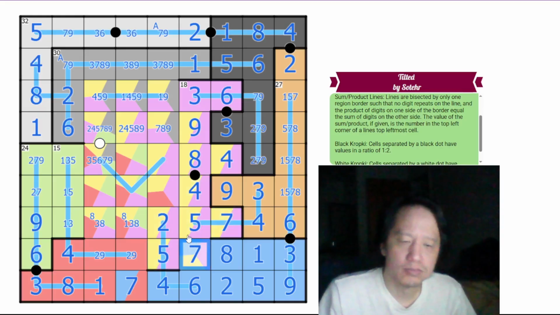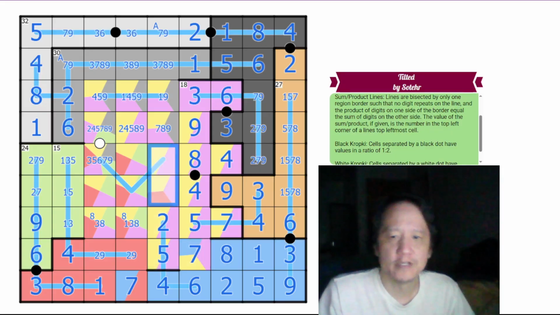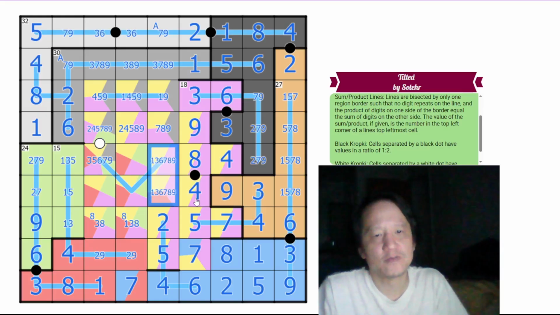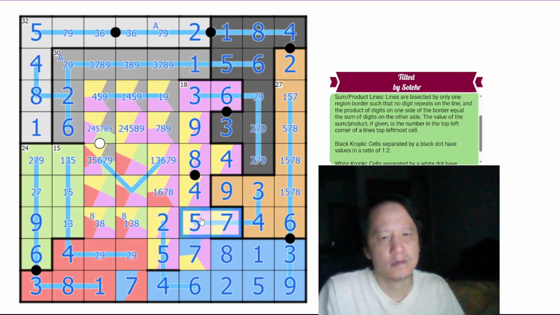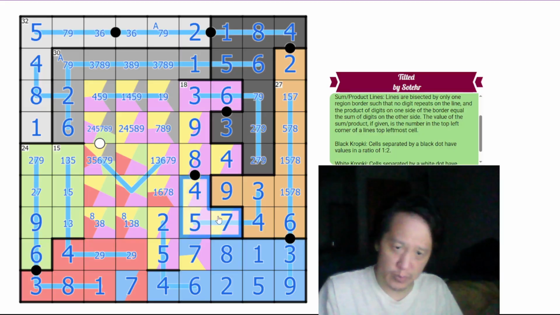Remaining digits would be 1, 3, 6, 7, 8, 9. This can't be 8. This can't be 3 or 9. So far, this is looking okay. This has to go up because it cannot be part of this.